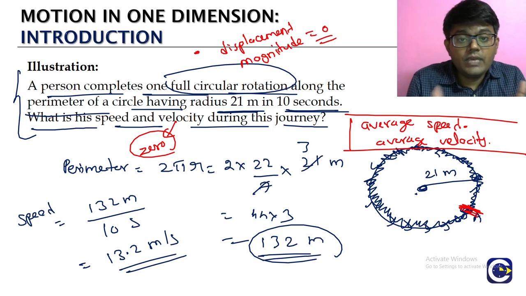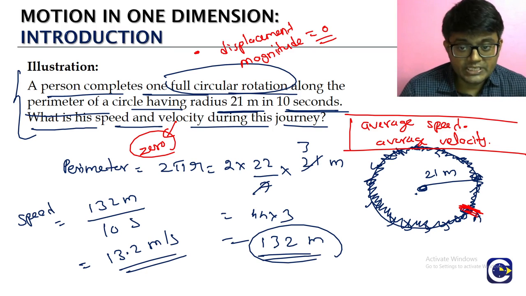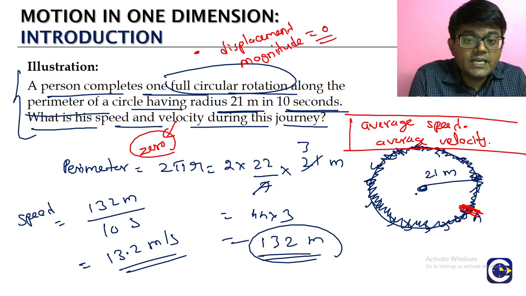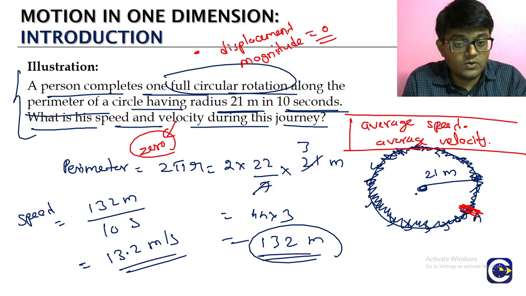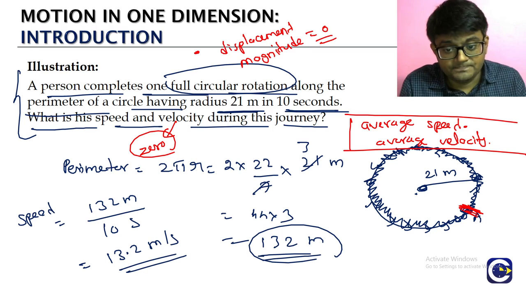Because we are taking a finite time interval, like say 10 seconds of the journey, 5 seconds of the journey, 4 seconds of the journey. In that we are looking at the distance covered, dividing the distance covered by the time taken, or we are looking at the displacement and dividing the displacement by the time taken, like that.